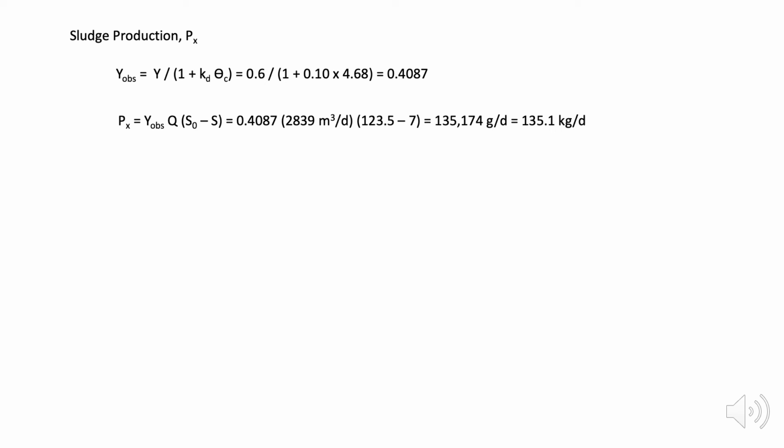I'm only wasting that 10,000 milligrams per liter, which is 1% solids. So this 135 kilograms is the solid material in a much, much higher mass of total sludge, because it's basically 99% water. There's only about 135 kilograms of solids in that waste that I get rid of every day.